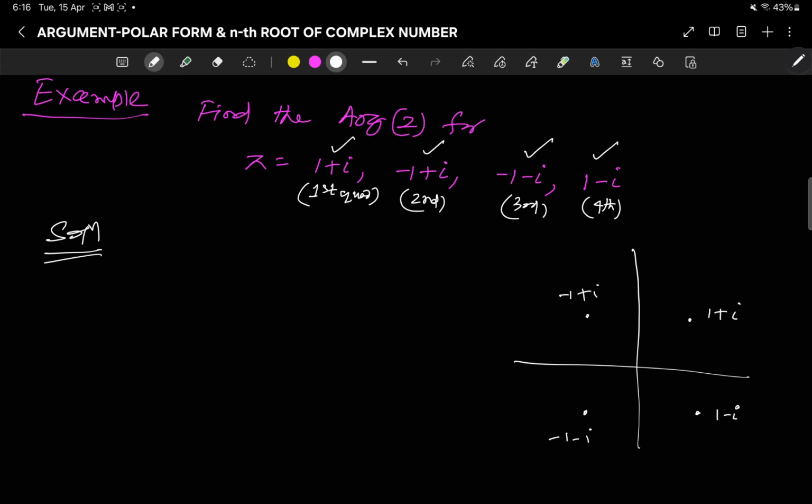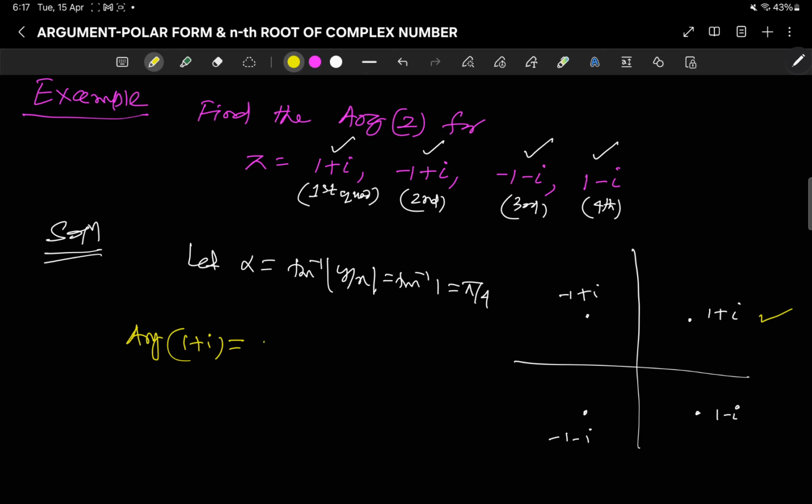It is in the first quadrant, so let alpha be tan inverse of modulus y by x, maybe 1 or minus 1, whatever it may be. Here it is simply tan inverse 1, which is pi by 4. Therefore the argument of 1 plus i, in the first quadrant, is simply pi by 4. Now if it is in the second quadrant, what is your argument of minus 1 plus i?